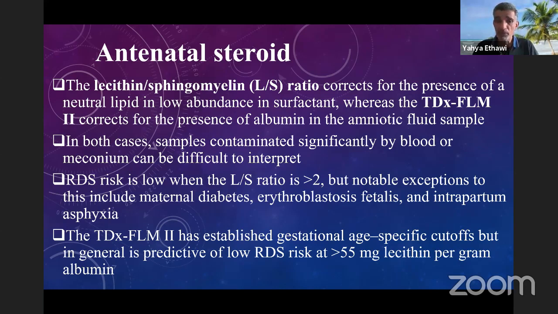But again, remember, when you do this test, contamination with the blood significantly affects the result. So a ratio of lecithin to sphingomyelin more than 2, with some exception of contamination and diabetes and erythroblastosis fetalis and asphyxia, is a good indicator of lung maturity.